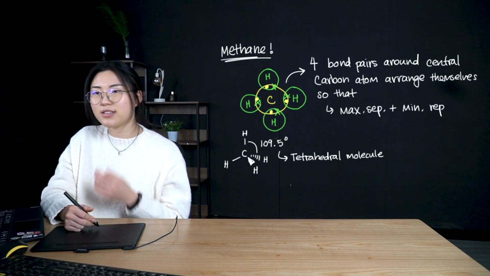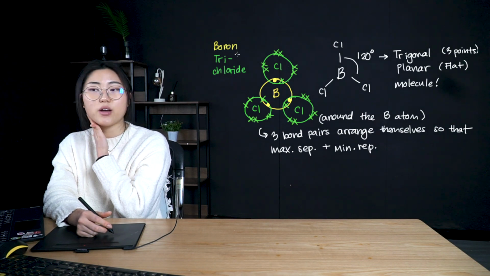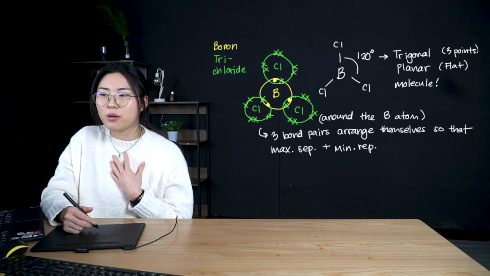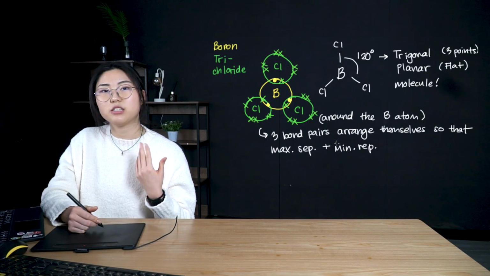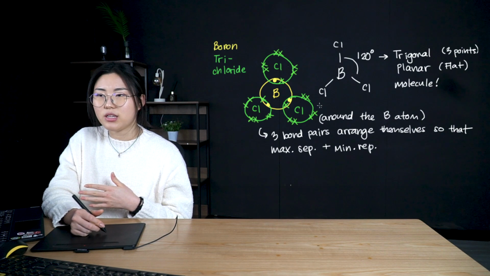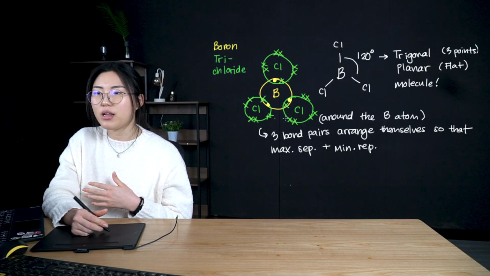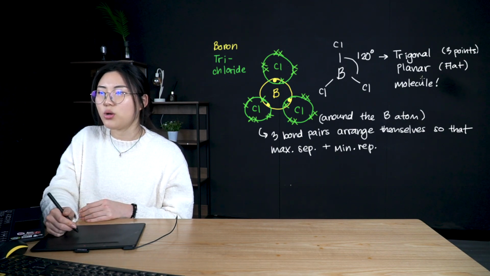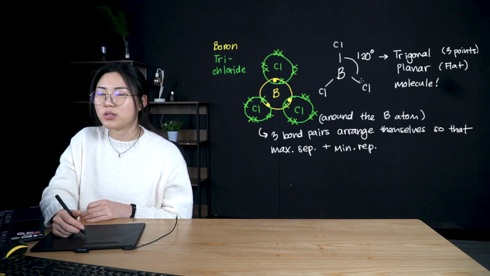And for a different example, we have boron trichloride. This one has 3 bond pairs arranging themselves so that there is maximum separation and minimum repulsion. We can see the 3 bond pairs around boron, and they're going to be repelling at equal amounts, giving a trigonal planar molecule with a bond angle of 120 degrees.